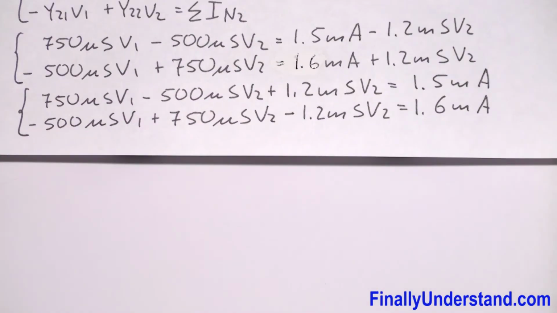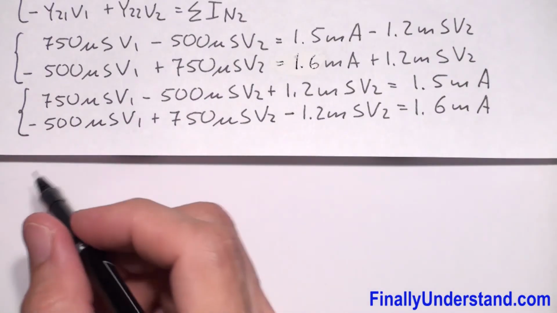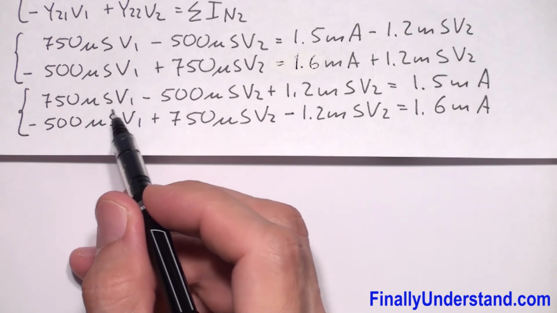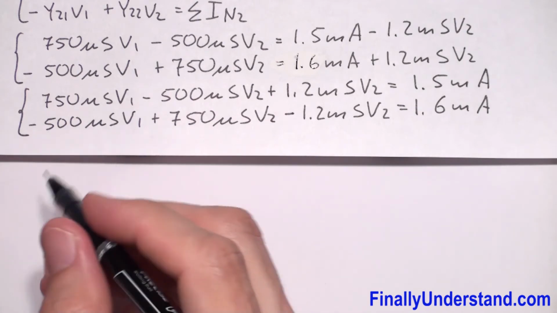So now we're supposed to combine the like terms. We have 750 microsiemens V1, so I'm going to copy this down.